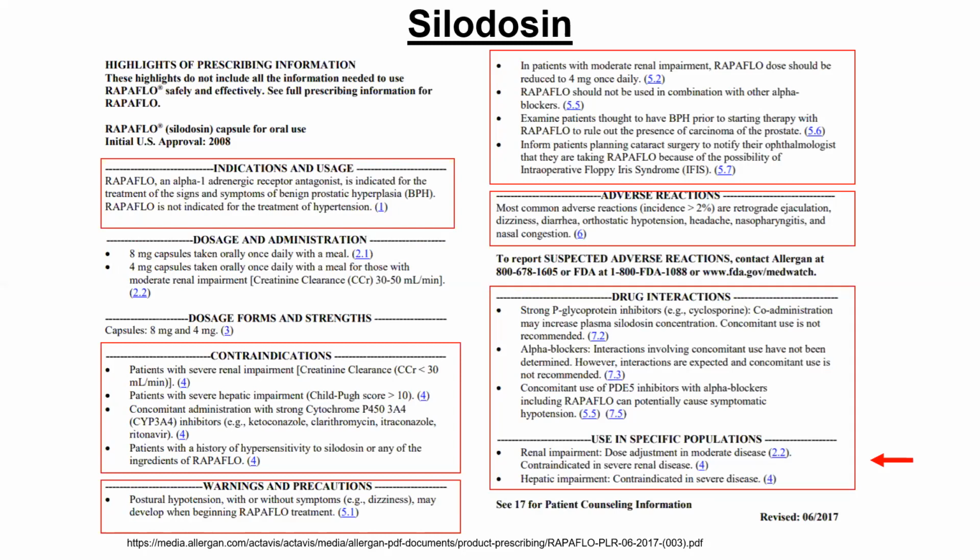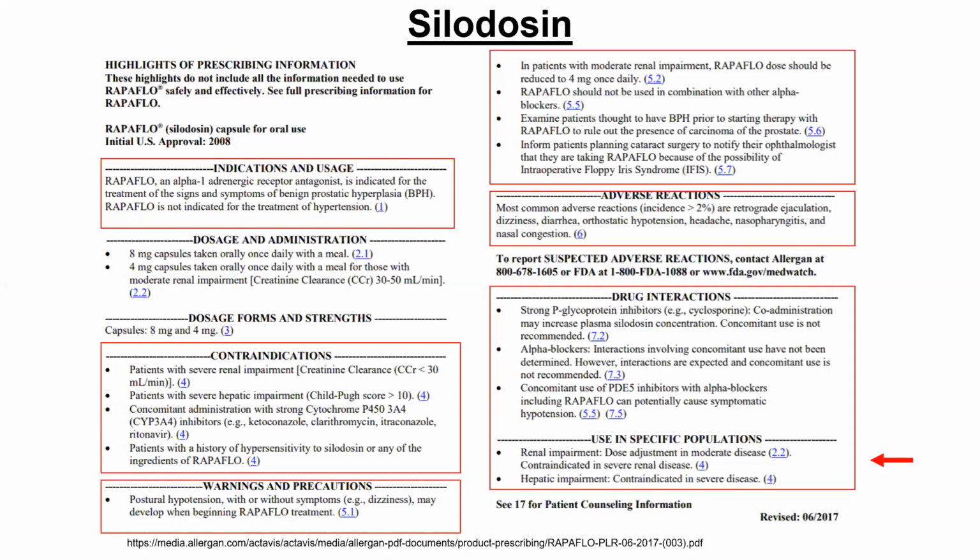It also acts as an alpha-1 antagonist and is not recommended for the treatment of hypertension, with similar metabolism, 3A4 and 2D6. And there is a contraindication associated with severe renal impairment. Anytime your creatinine clearance goes below 30, you have to be careful with the prescription of this drug.